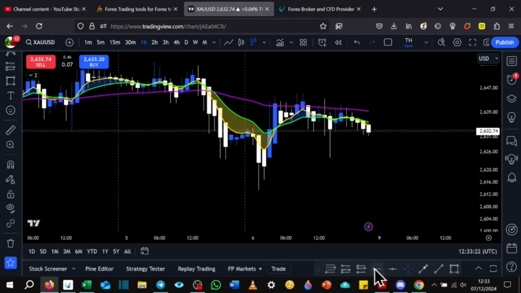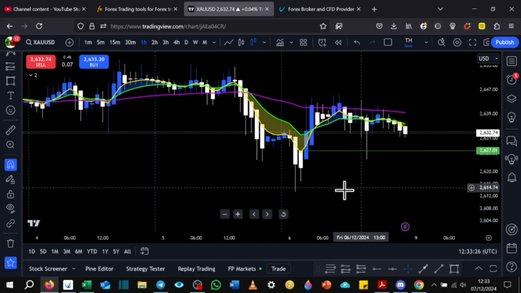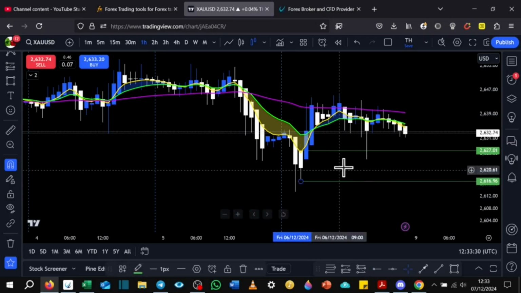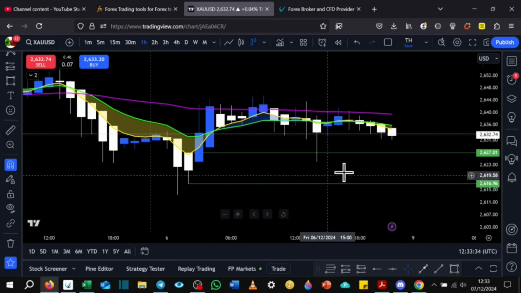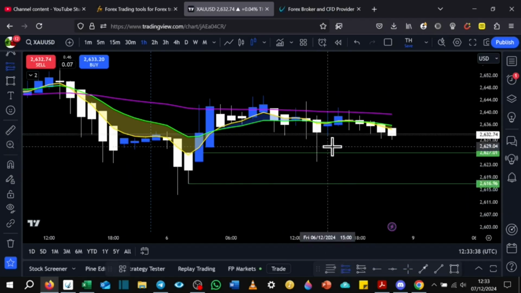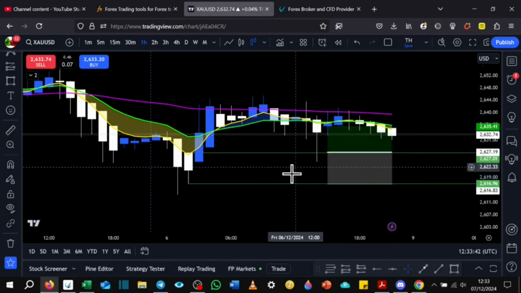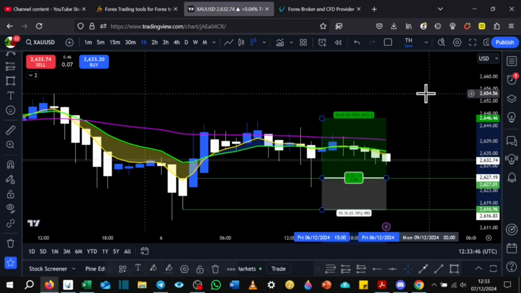So we've got this last down candle before this up move. I did have a buy limit set. So I was anticipating for price to at least get to like here.